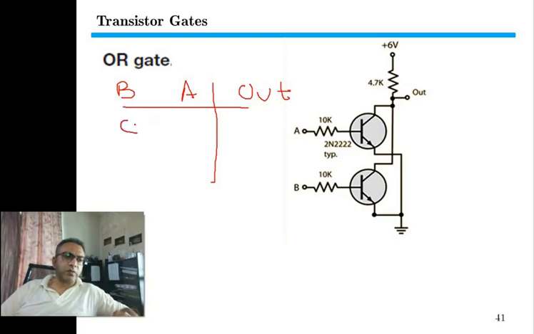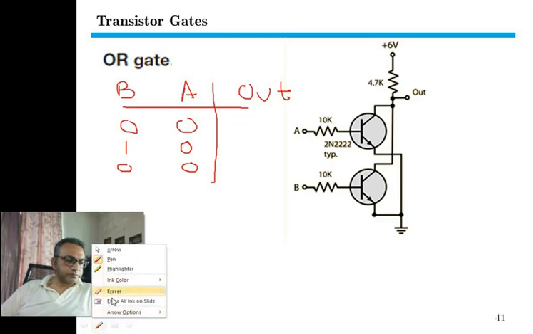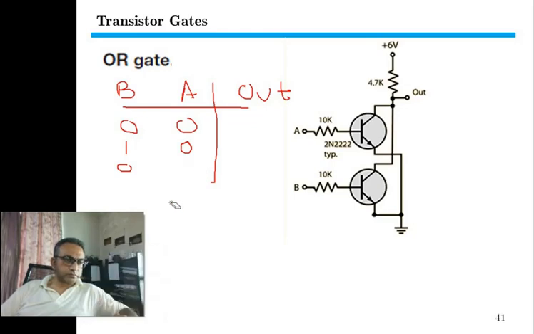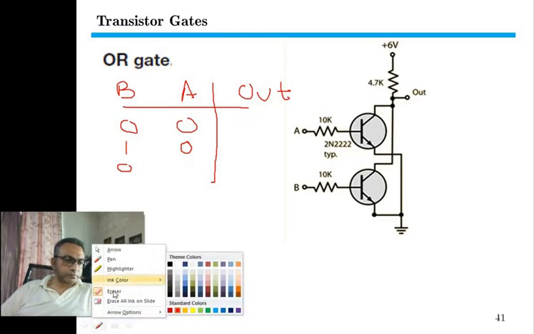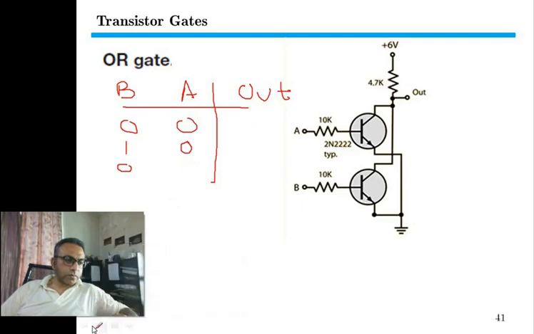First possibility is both are 0. Second possibility is B is 1, A is 0. Third possibility is B is 0 and A is 1, and fourth possibility is B is 1 and A is 1.